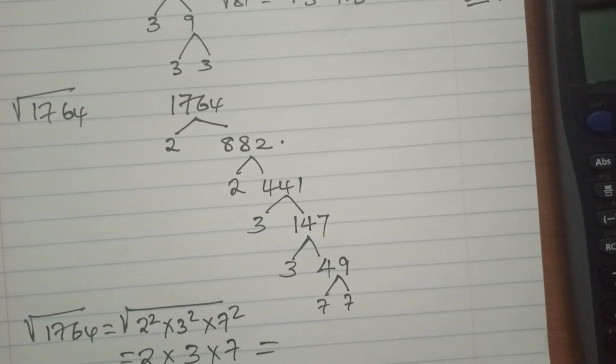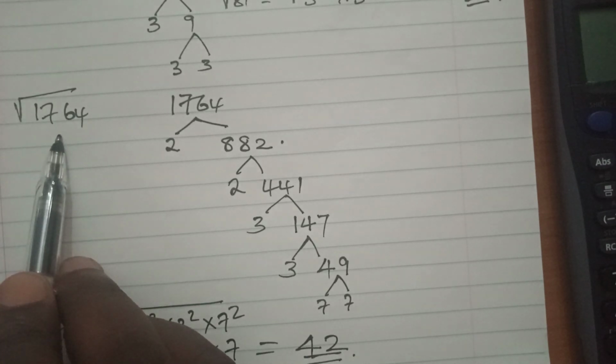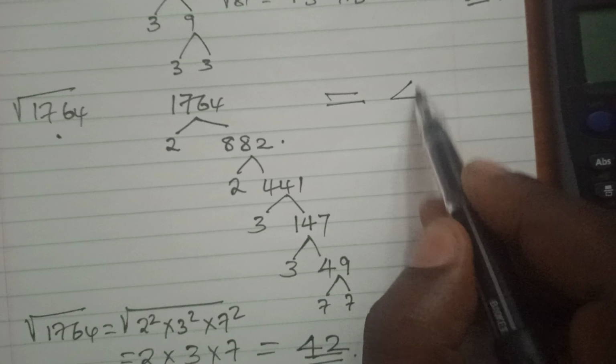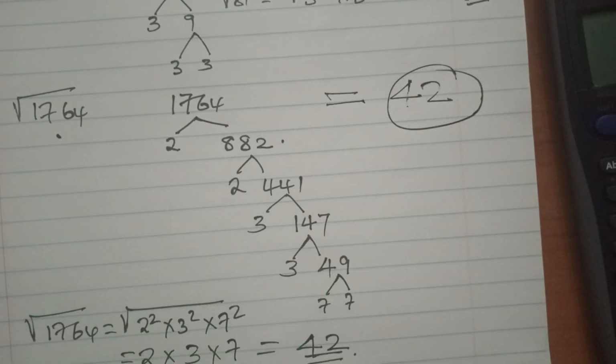So the square root entirely becomes 2 times 3, which is 6, times 7, which is 42. So the square root of 1764 is equal to 42. And there we are.